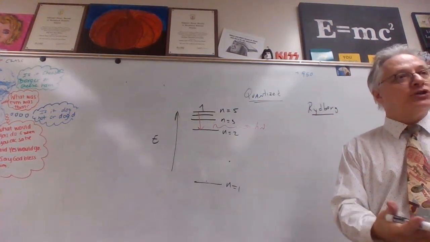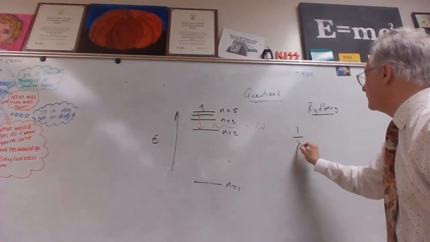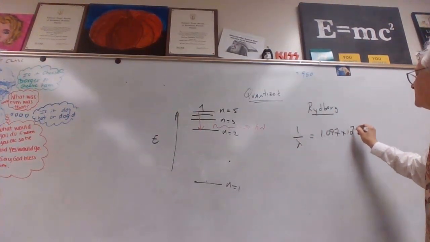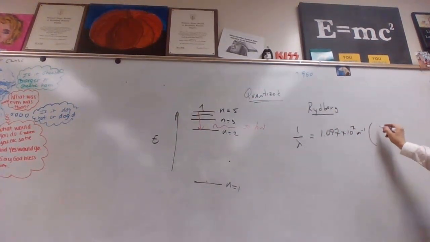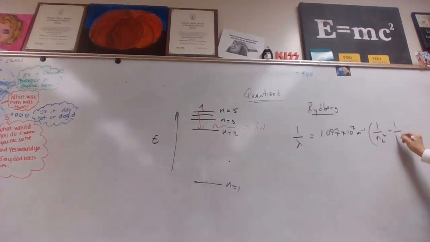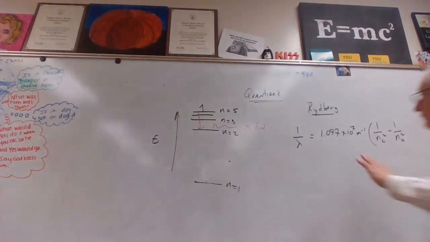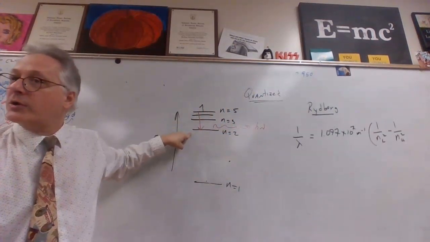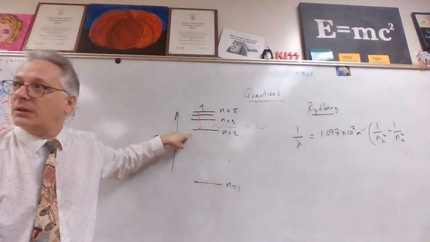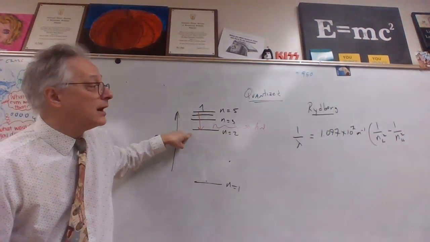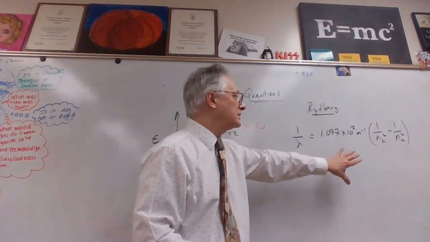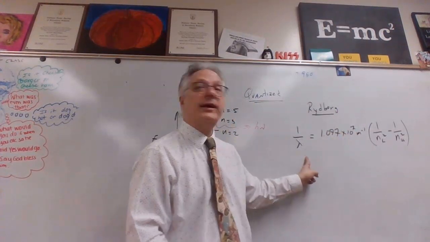And the Rydberg equation looked like this. 1 over lambda is equal to 1.097 times 10 to the 7 meters to the minus 1 times 1 over n lower squared minus 1 over n upper squared, where upper is where I'm falling from and lower is where I'm going down to. Meters to the minus 1, right. Because when you do a problem like this, you have to reciprocate that number so you can get the wavelength.